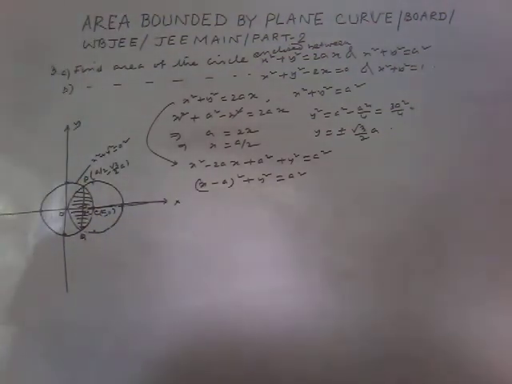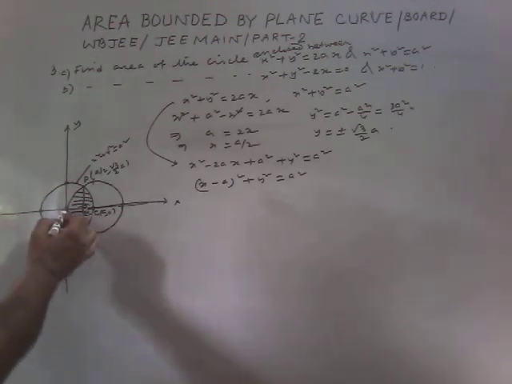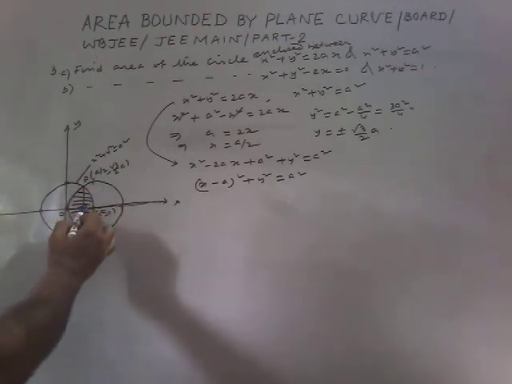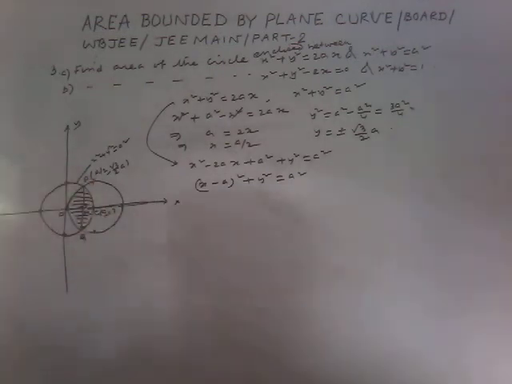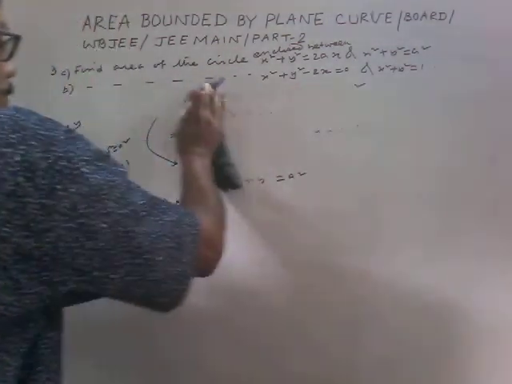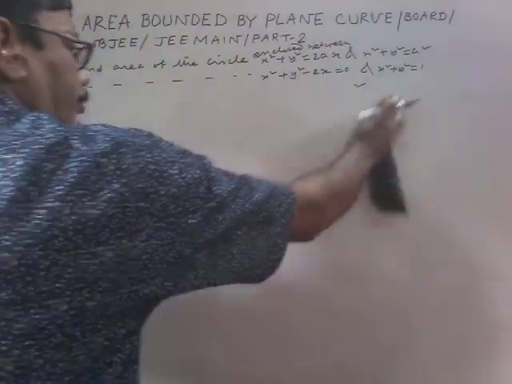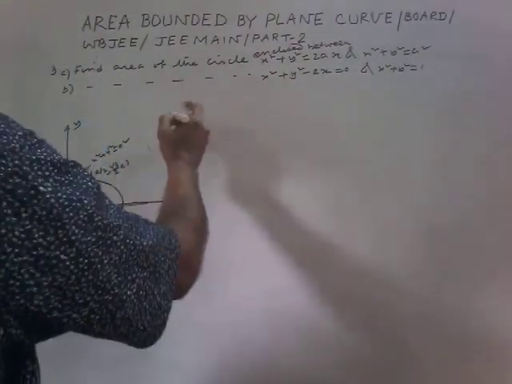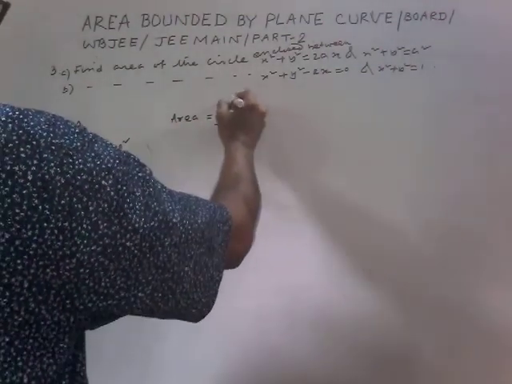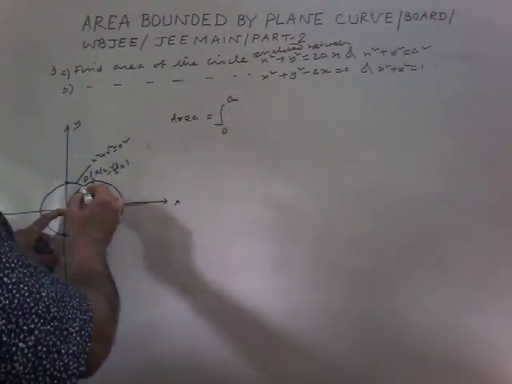area of the figure. Now to find area, 0 to a by 2, this curve, plus a by 2 to a, second curve. So what is the area of the shaded portion? So area equals 0 to a by 2, this curve.